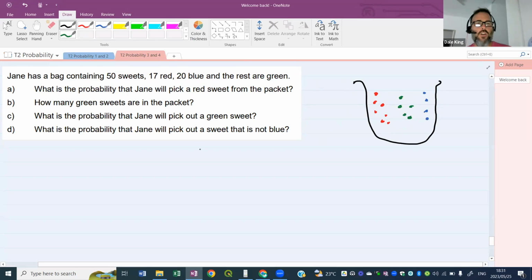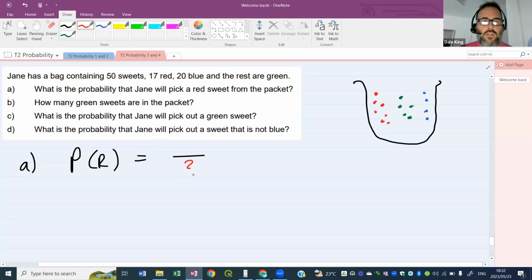Here come the questions. No tree diagram, nothing for this. Let's have a look at it. A, what is the probability that Jane will pick a red sweet from the packet? Now, if you want to work out probability, we need the formula. I'm going to put R for red. We need a fraction. We first got to figure out what's at the bottom of our fraction.